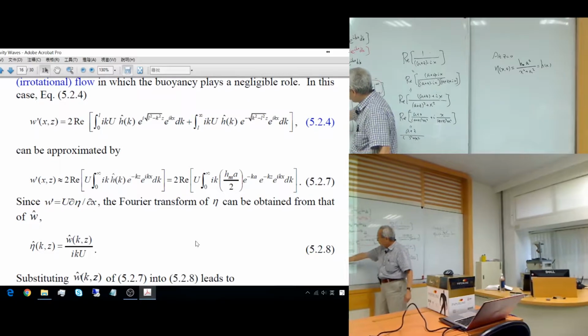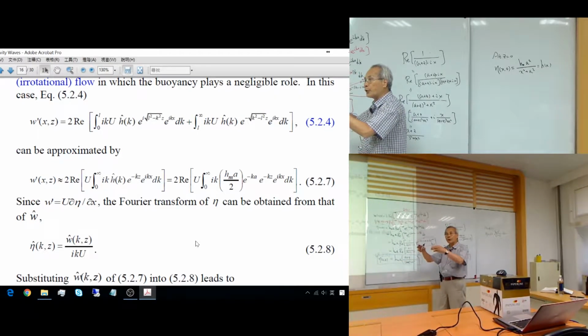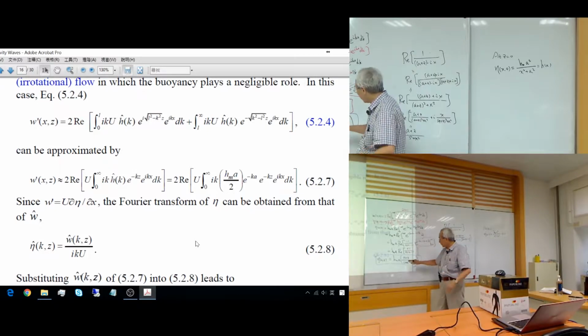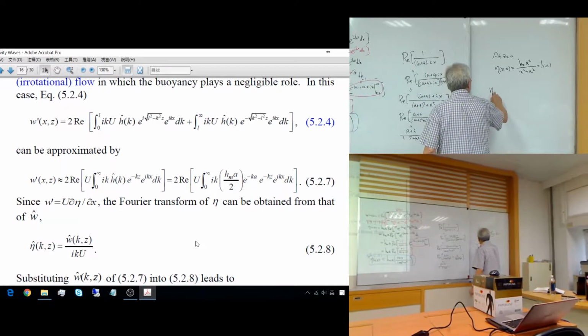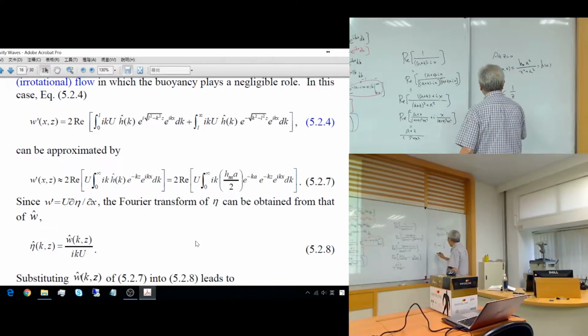And you can see the disturbance eta is not exponentially decaying, but it decays based on this function. More or less, eta is proportional to 1 over g.